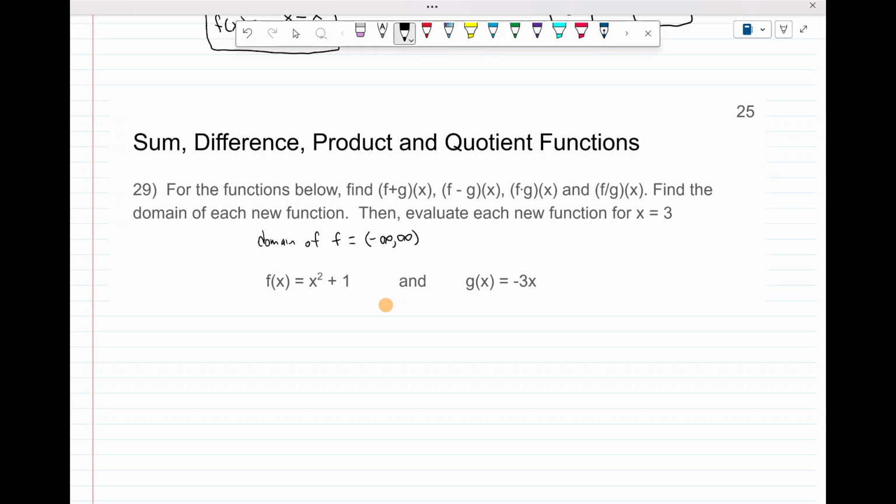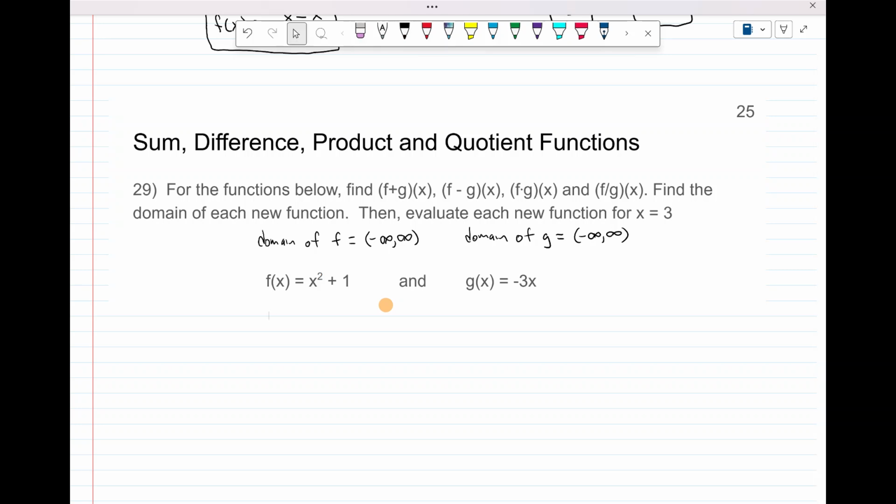And the domain of g of x is equal to the set of all real numbers as well. Right? In both equations, I can plug in any x value and I will always get an output.